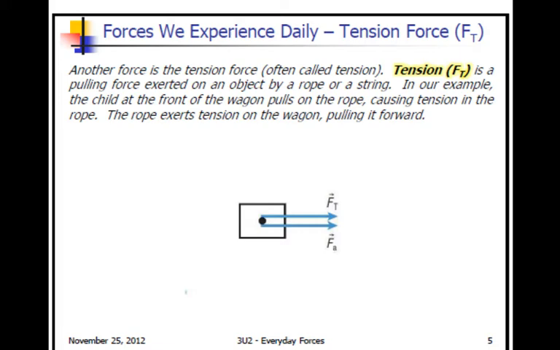Then the other child who's pulling is holding onto a rope. Well, a rope itself has another type of force called a tension force. In this case, it is going to be in the same direction as the applied force. So those two forces would act together to attempt to move this wagon towards the right.